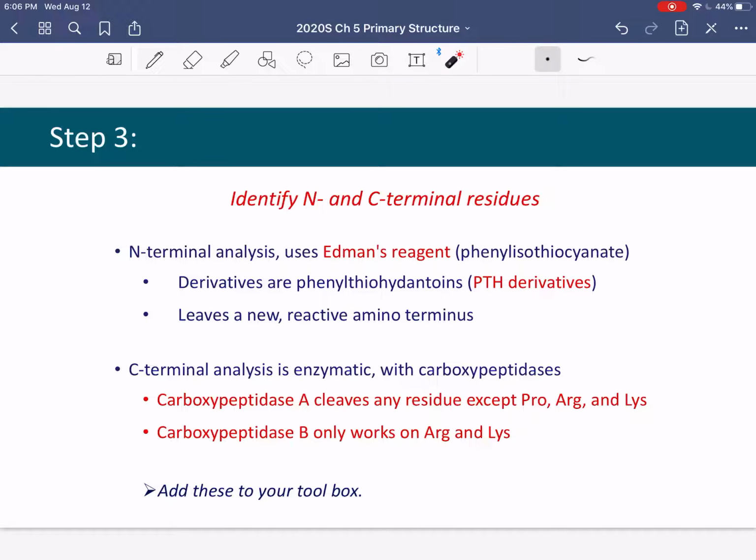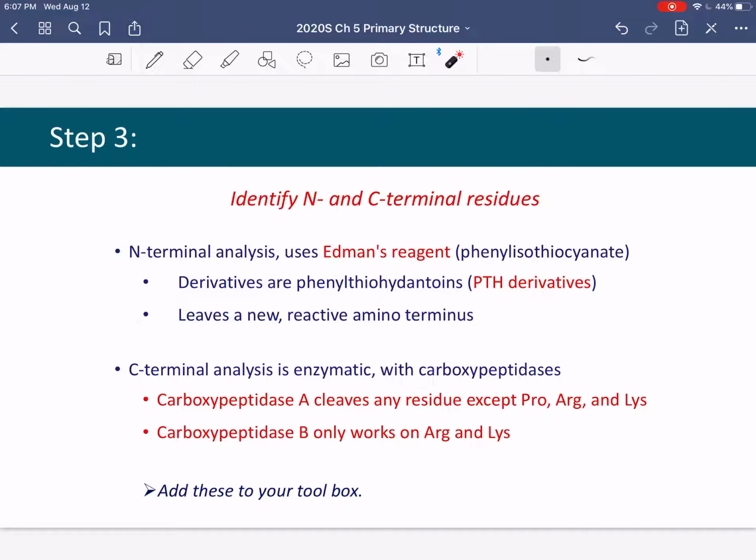And we will use Edman's reagent as a tool in your toolbox to give us the sequence of shorter polypeptides, really oligopeptides, that we get from our cleavage reagents in step 4 and 5. So we'll use Edman's reagent here in step 3, but keep it in your toolbox for steps 4 and 5 when we do some sequencing of shorter fragments.